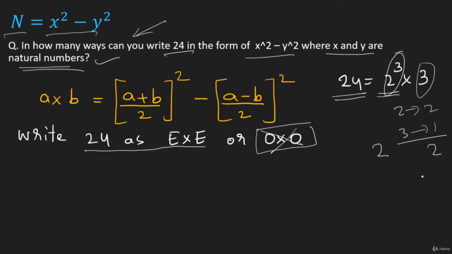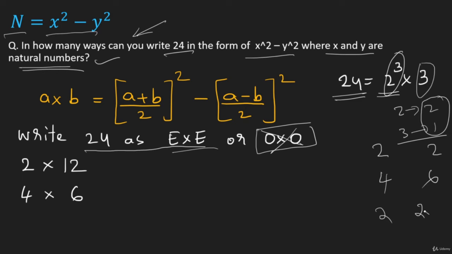Now you will see that the two different ways in which you can write 24 as even into even is 2 into 12 and 4 into 6. So you're giving 1 2 over here, that would be 4, and then you give everything else over here, so you get 4 into 6, or you keep the 2 over here and you put all the remaining factors into the other one, so that would be 2 into 12. That's this one over here.